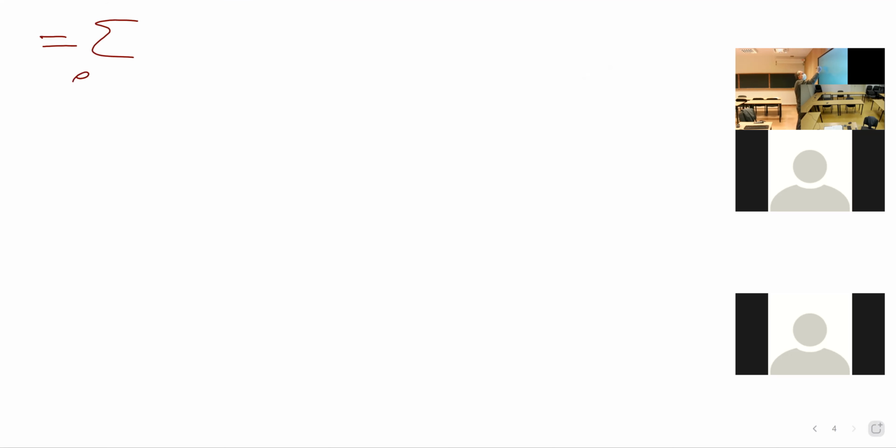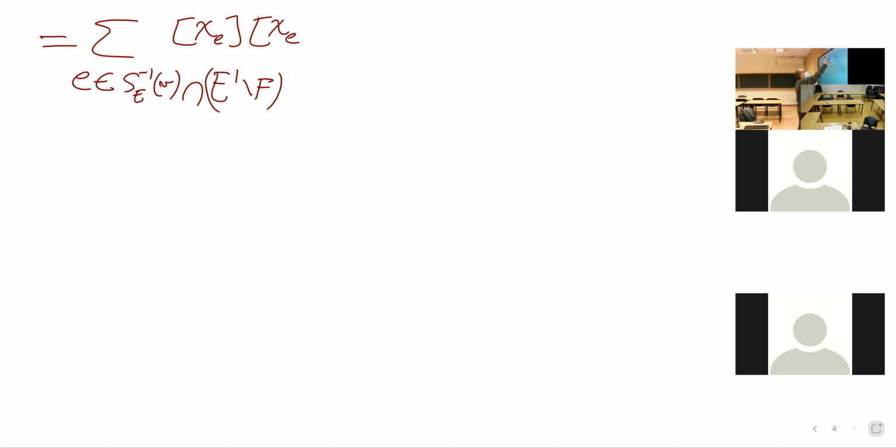So the first one was over E, running the preimage of V under SE, but intersected with E1 minus F. And here I just have the class of chi E times the class of chi E star.